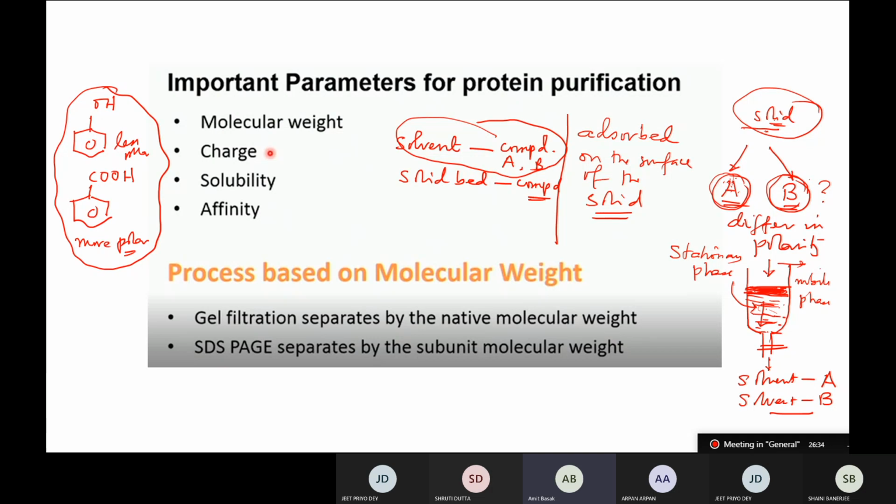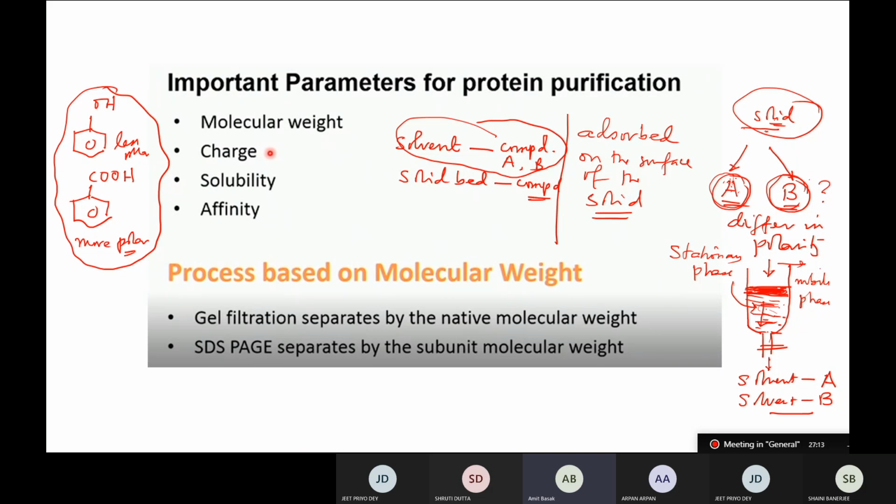If there is a slight difference in polarity, you have to choose the solvent you are dropping from the top of the bed very carefully, so that you can exploit that slight polarity difference. If there is a large difference in polarity, the separation will be very easy. If there is a small difference in polarity, the separation will be difficult, not impossible, but difficult.